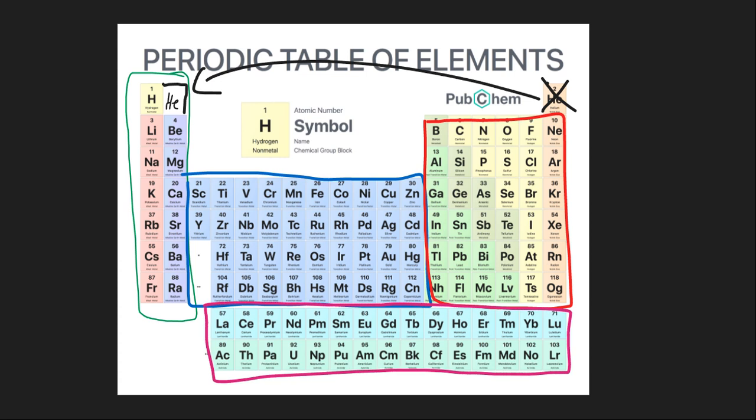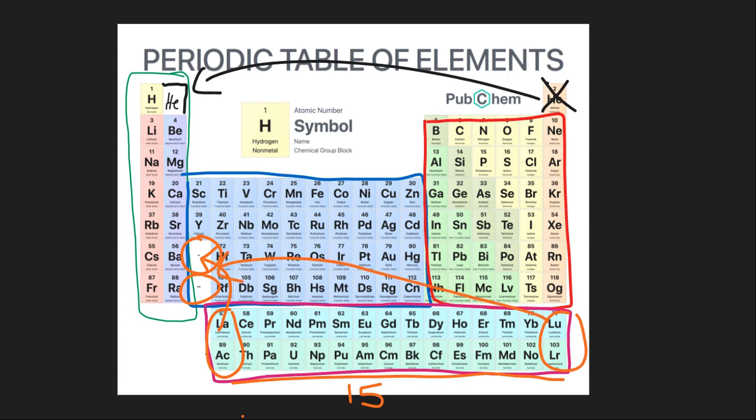You notice that there are actually a few empty spaces right here and here. And this has 15 elements. Depending on your teacher, you might want to put these two here, or you might want to put these two here.